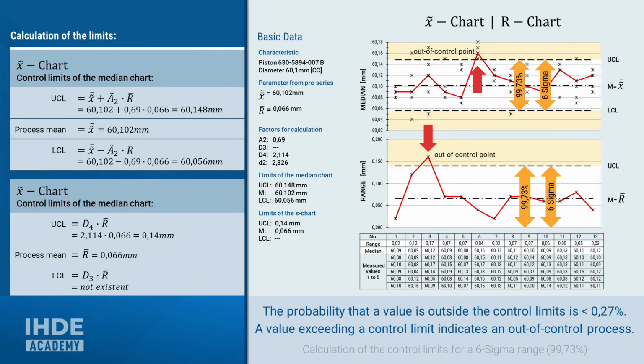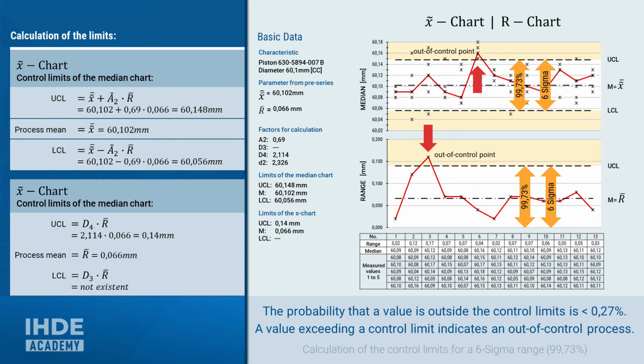The probability that a value exceeds the control limits is less than 0.27%. When such an unlikely event occurs, it is an indication that the process may be out of control. The cause must then be found and the process readjusted if necessary.